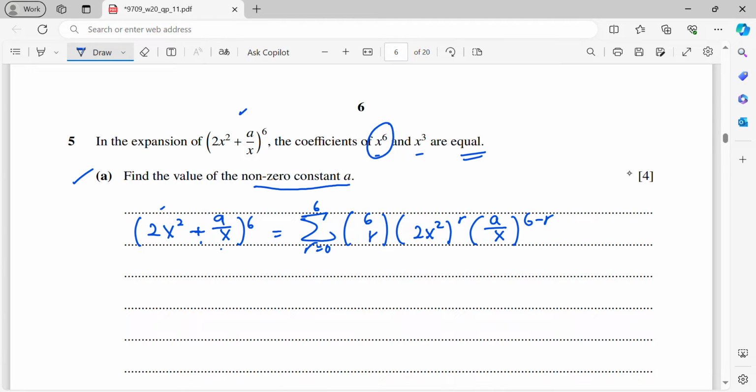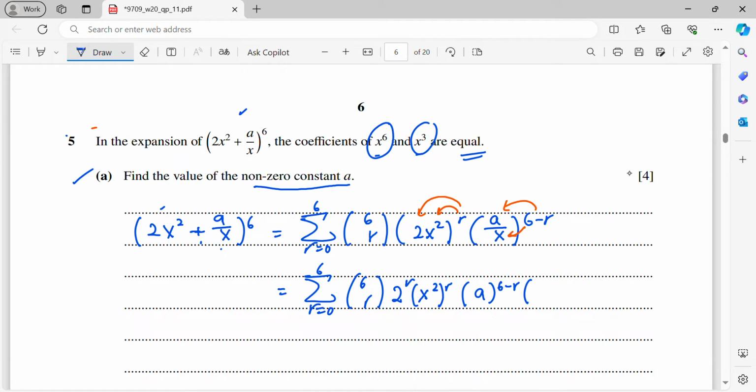And now it's mentioned that the coefficients for x cubed and x to the power 6 are equal. So before that, I just expand first so that I can see clearly my r value later on. Then r is brought into the terms inside the bracket. That means I will be getting 2 to the power of r, x to the power of 2 bracket r, and then a to the power of 6 minus r. Then this x, I can write x to the power of negative 1, to the power of 6 minus r.